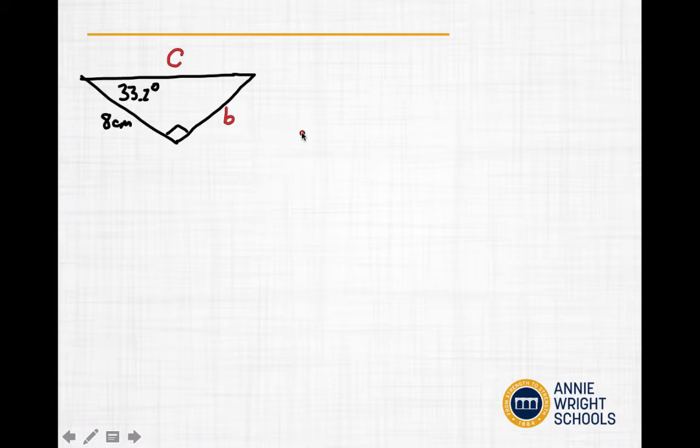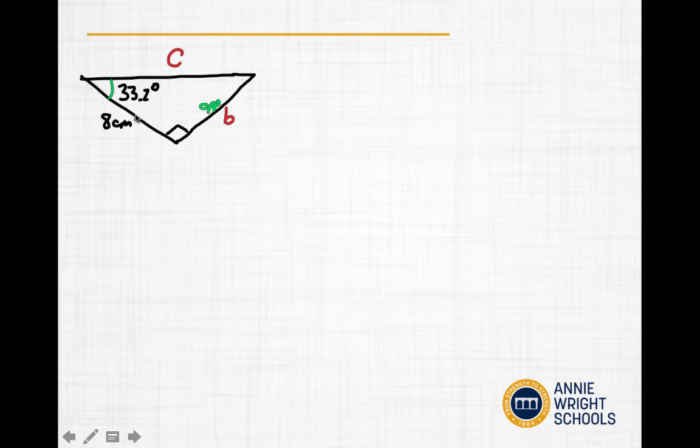Okay. Doesn't matter which one you solve for first. For no reason, I am going to solve for B first. There's no reason why I'm solving for B other than I want to. I know this angle, 33.2. In relationship to this angle, this is the opposite side.